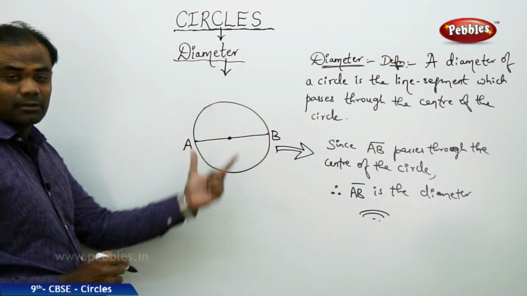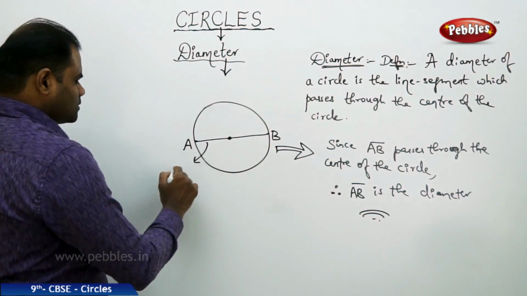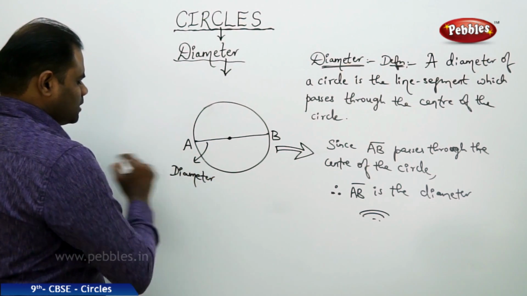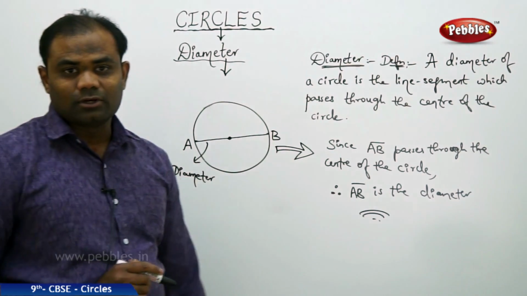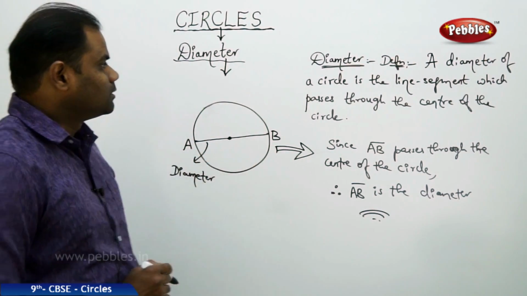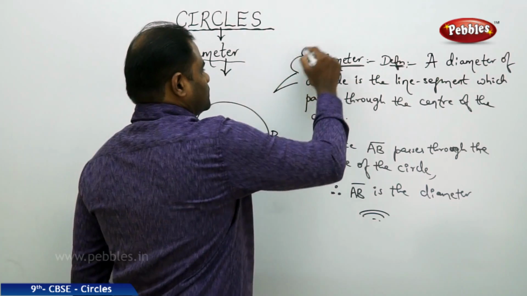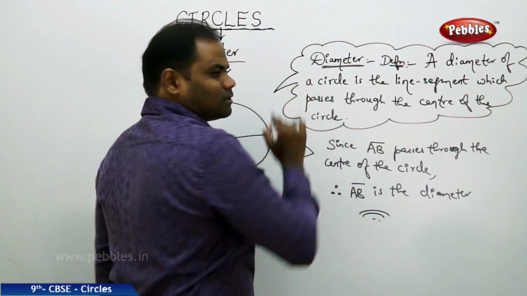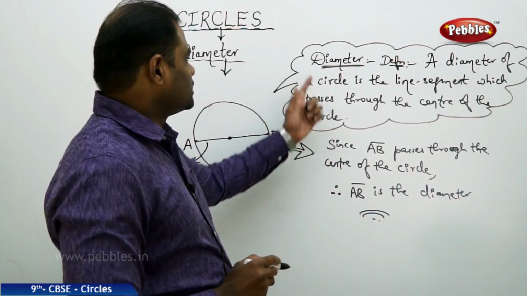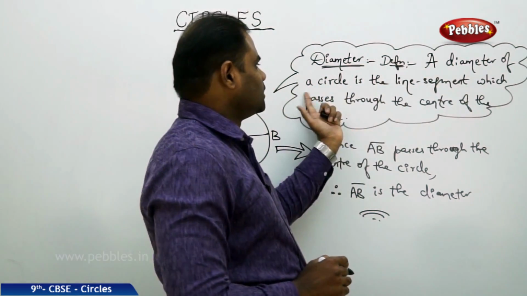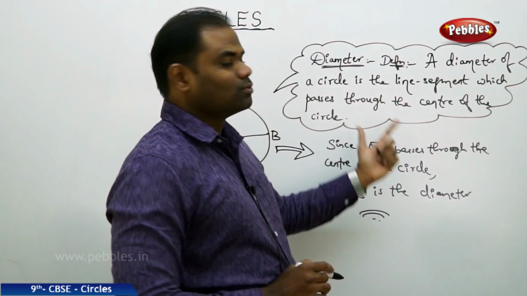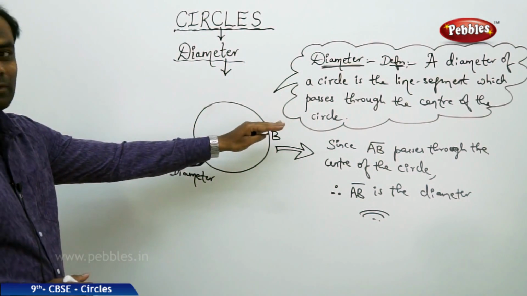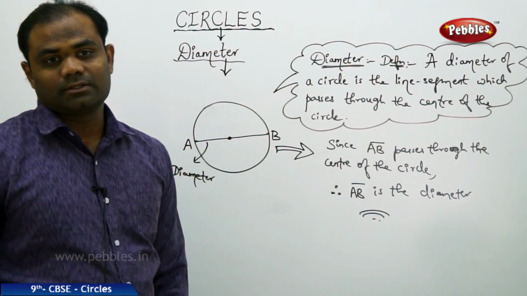So in this diagram, the diameter of the circle is AB, and its definition is given here. So we finally conclude that a diameter of a circle is the line segment which passes through the center of the circle. So here this is the diameter because it passes through the center.